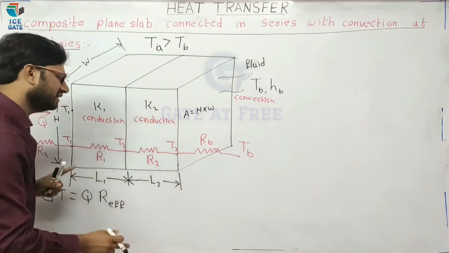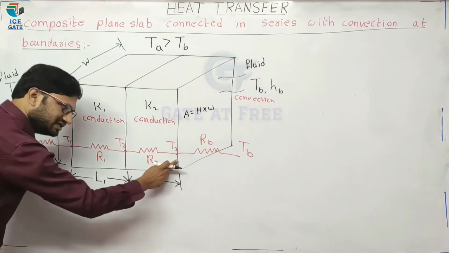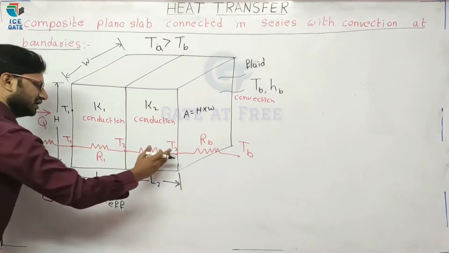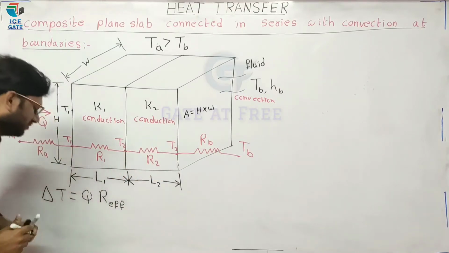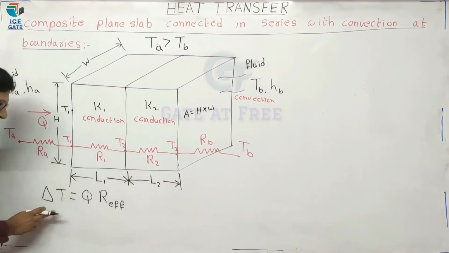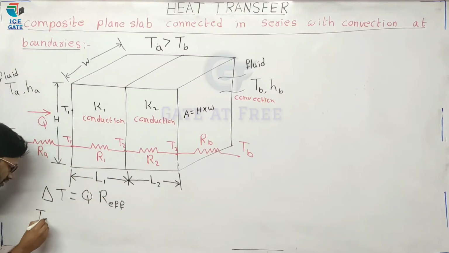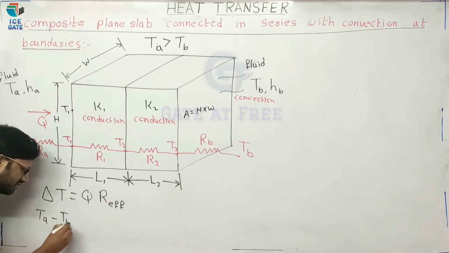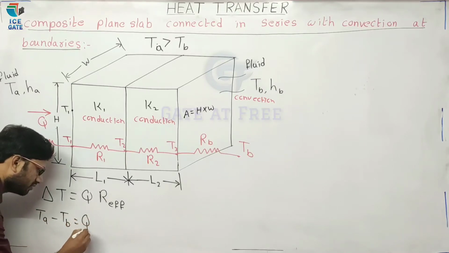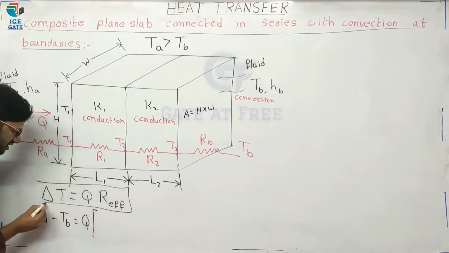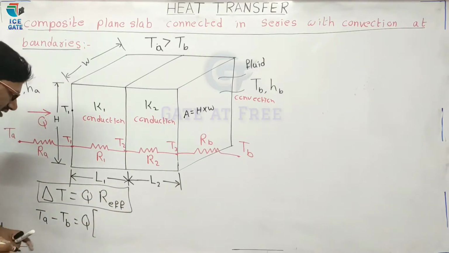If you take delta T as TA minus T3, you have to take the resistances in between TA to T3. Hope you understood. Now let's take delta T as TA minus TB equal to QR. Remember this equation, delta T equal to QR, very important in conduction topic.